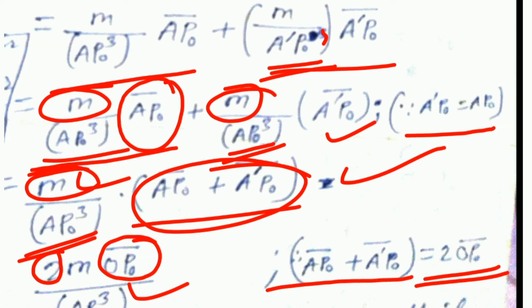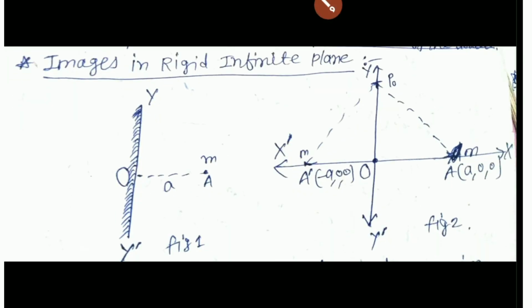So this shows that at any point P0 on y dash, the fluid flows tangentially to the plane y dash. Thus there is no transport of fluid across this plane.